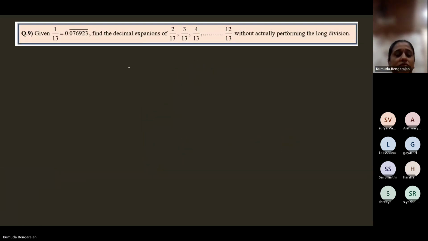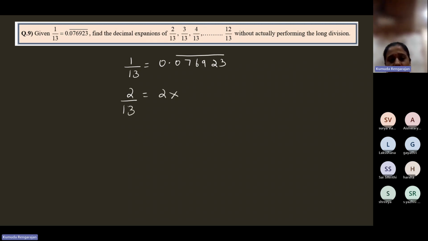Okay. So 1 by 13 is equal to 0.076923 recurring. Now 2 by 13 can be written as 2 into 1 by 13.